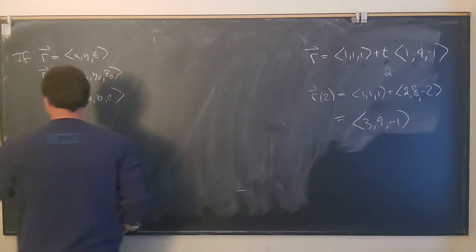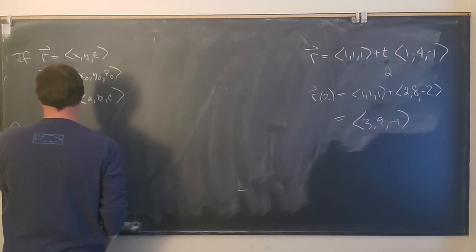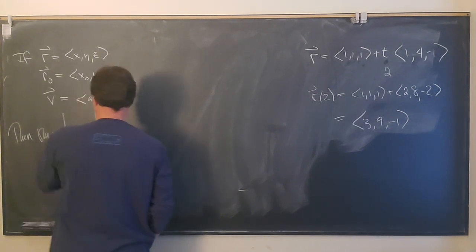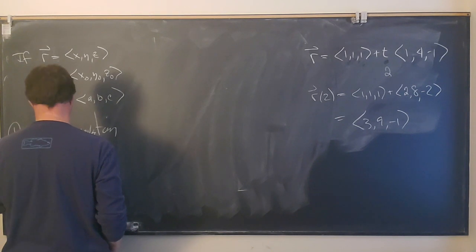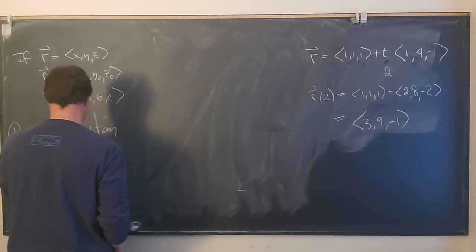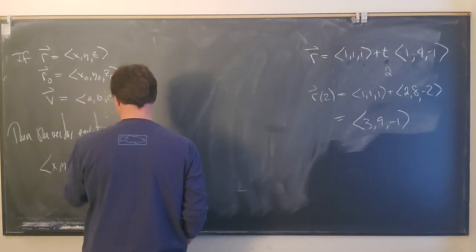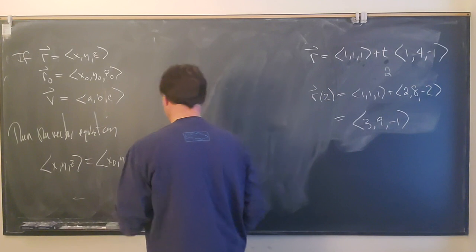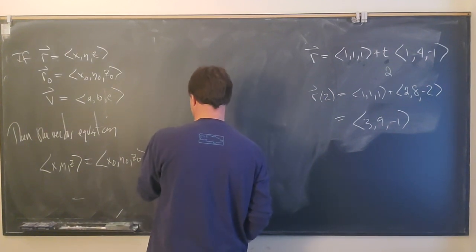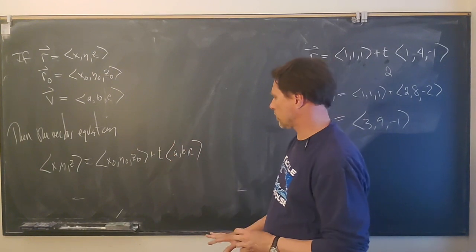The vector equation is <x, y, z> equals r0, which is <x0, y0, z0>, plus t times v, which is <a, b, c>. We can pull this apart.